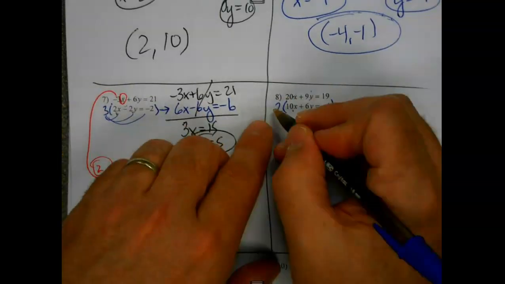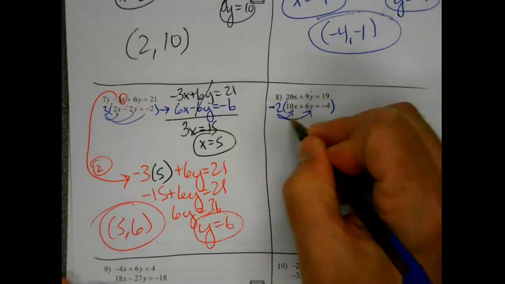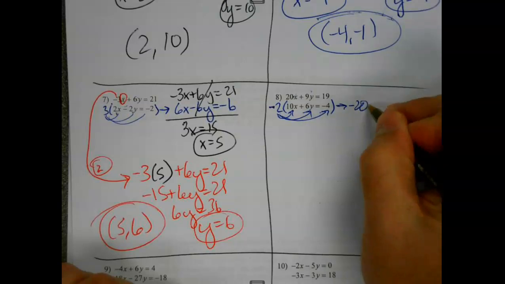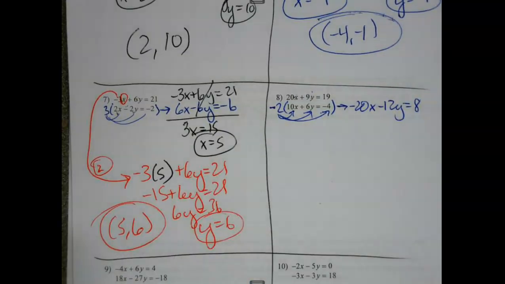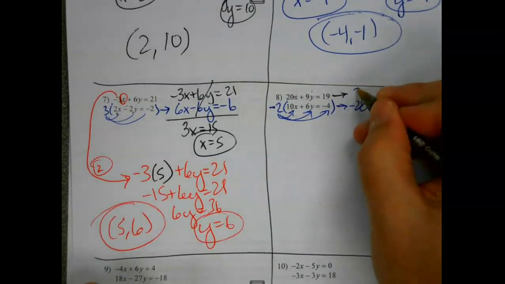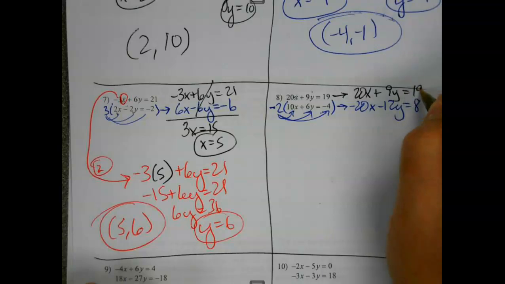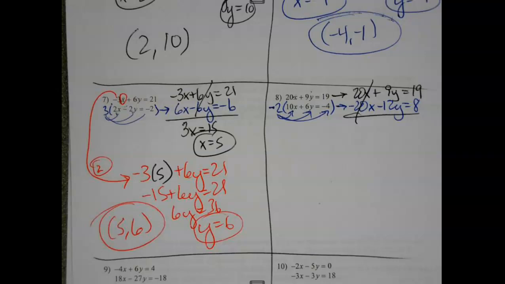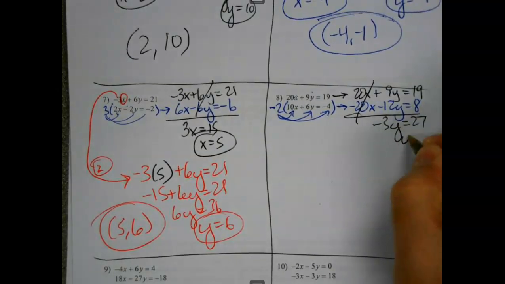So since this is already positive, I'm going to make this negative, because that's the only way this canceling is going to work. This time the x's go bye-bye. And divide by -3.